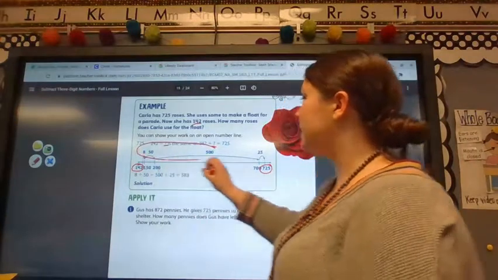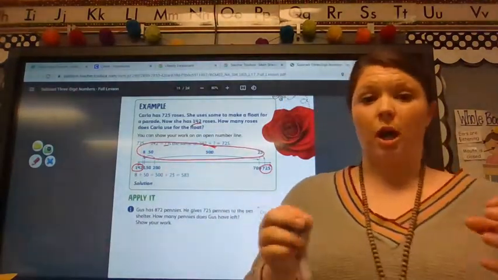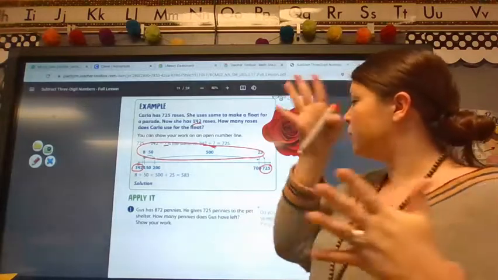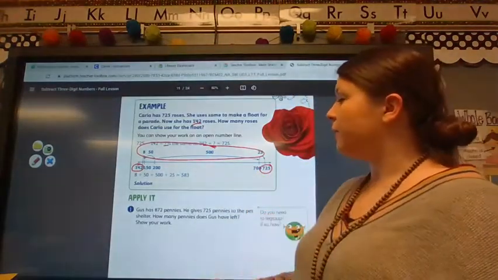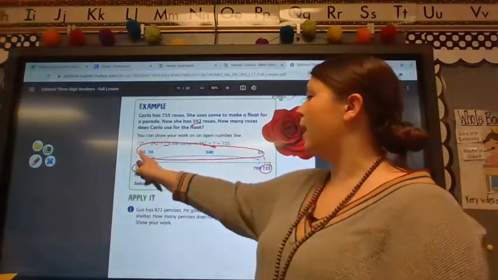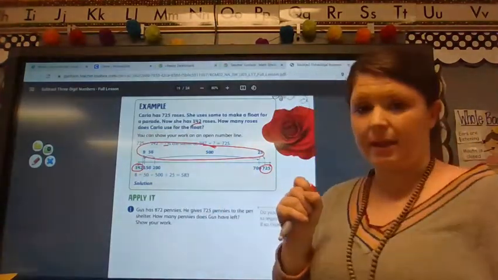So when we add together those jumps, or the numbers that we counted from 142 to 725, we see that we have 500 plus 50 plus 25 plus 8 here.